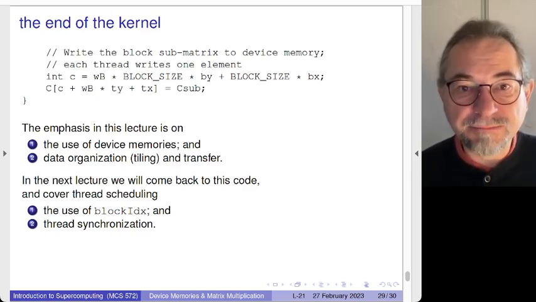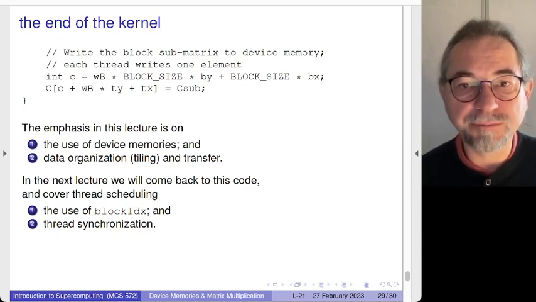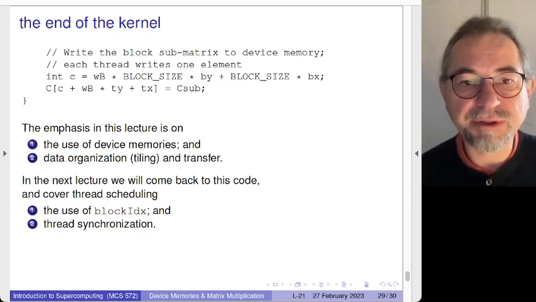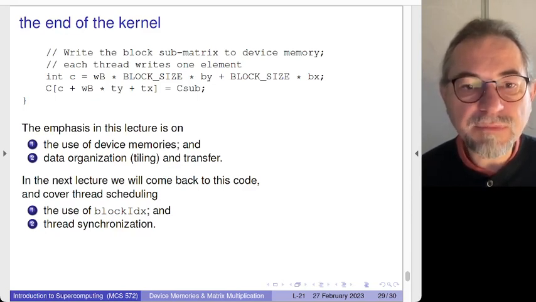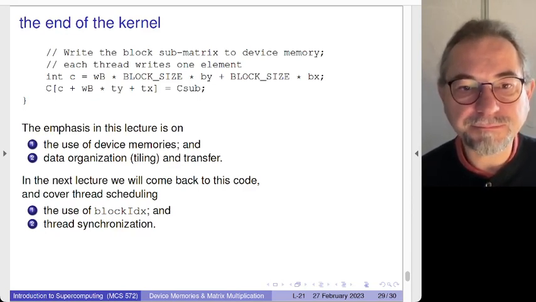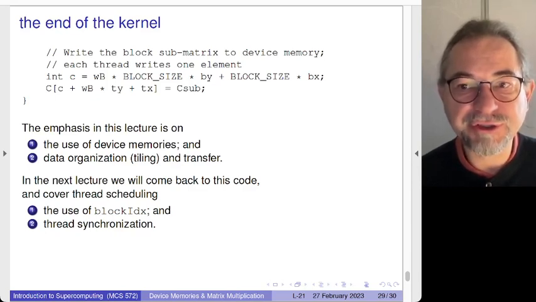Okay, this was a first pass through the kernel. I've not been able to explain everything, but I hope that the idea of the tiling became clear. Tiling is also critical when you think about shared memory, parallel linear algebra. And then we have the use of the registers, the shared memory, and the global memory.